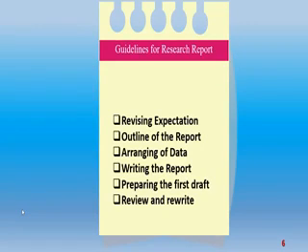Outline of the report. On the basis of the type and objective of the research and the methodology that is used by the researcher to reach the objectives, the researcher needs to prepare an outline, that is the roadmap of the research report.